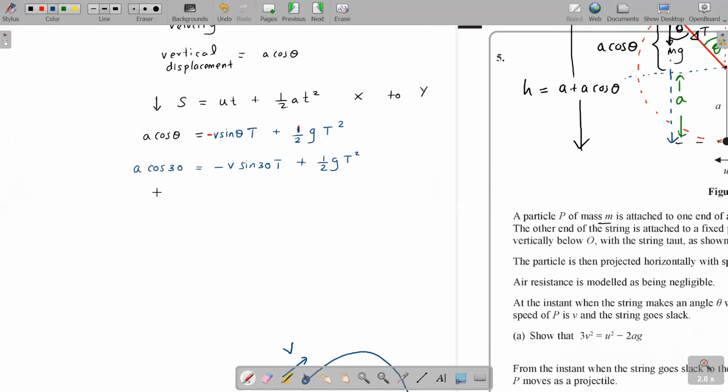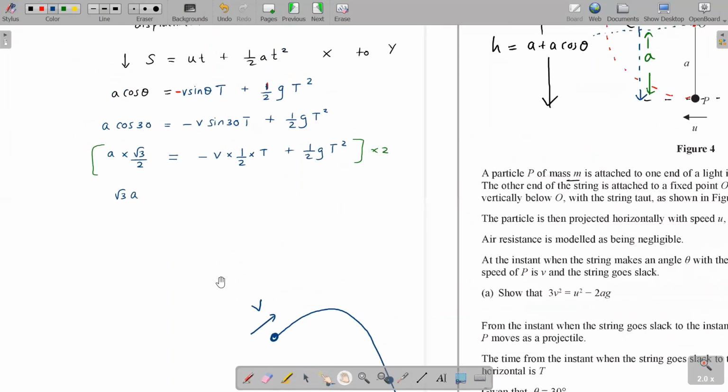Let's solve the equation. A cos 30 is root 3 over 2, am I correct? Minus v sin 30 is half, plus half gT square. Shall I multiply the entire equation by 2? So I get here root 3a. Is a part of our answer?